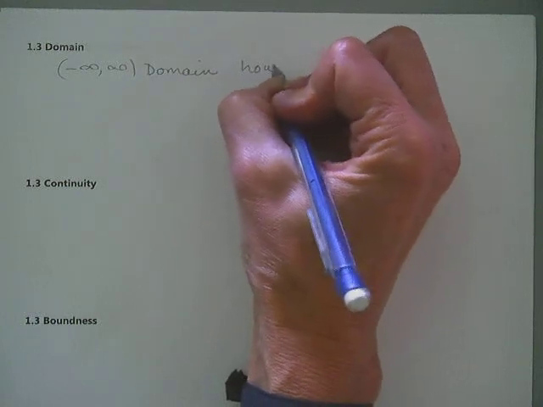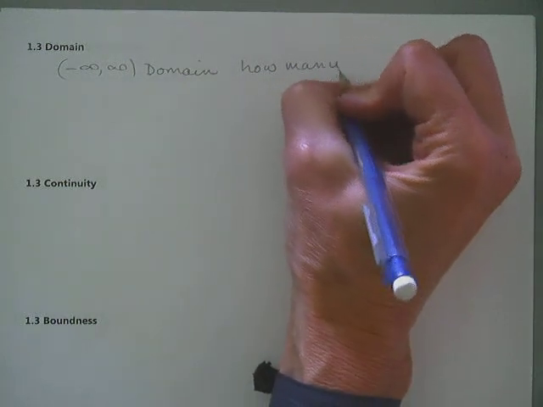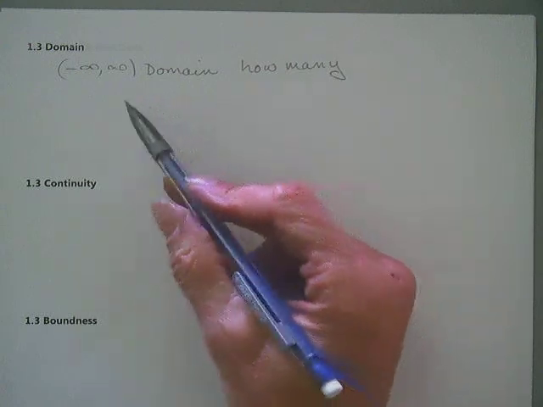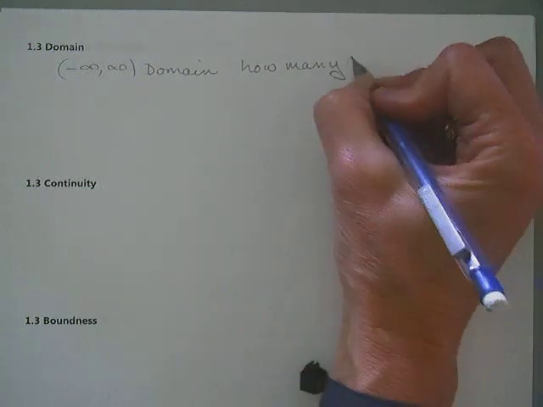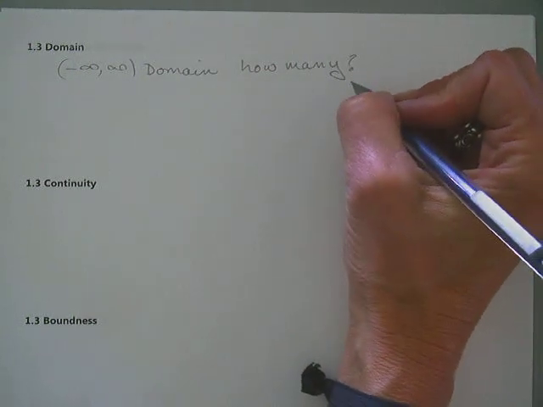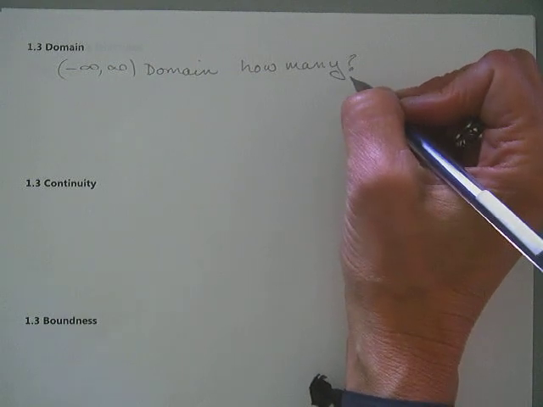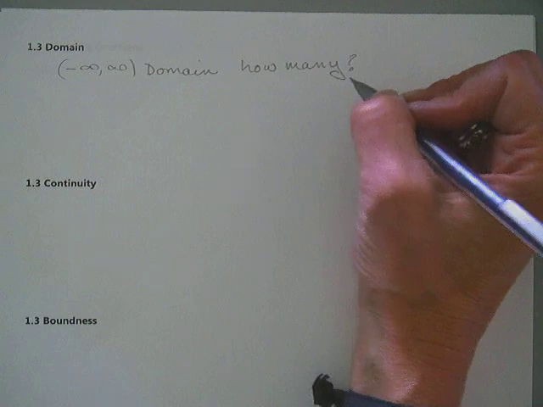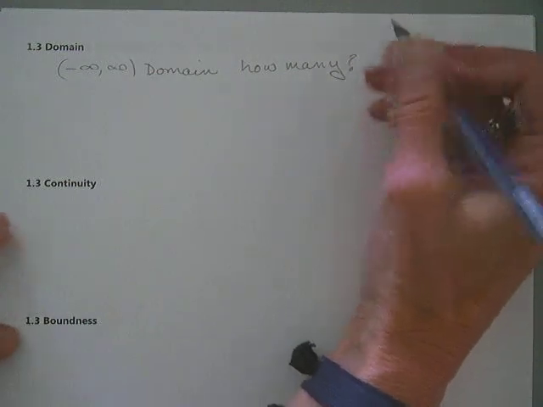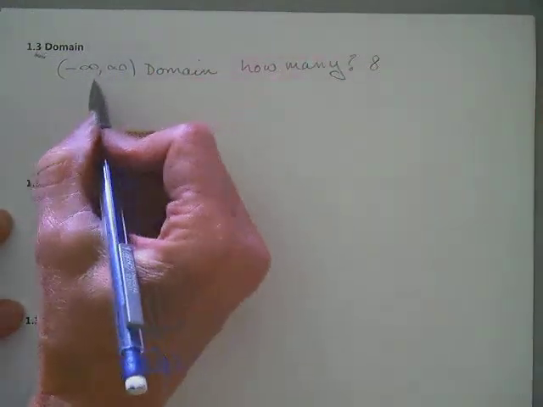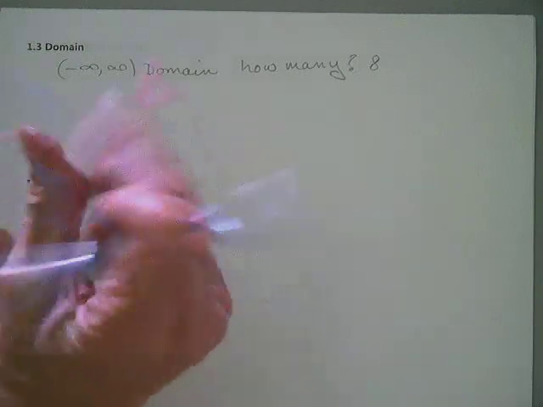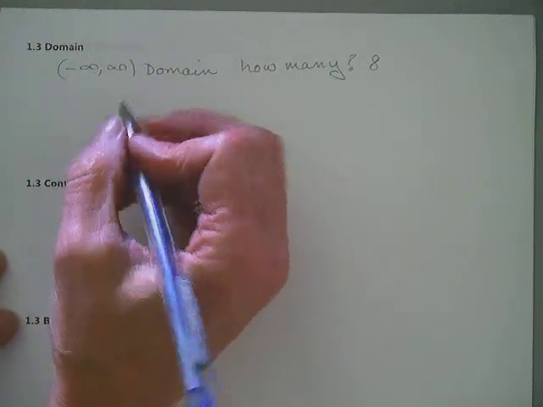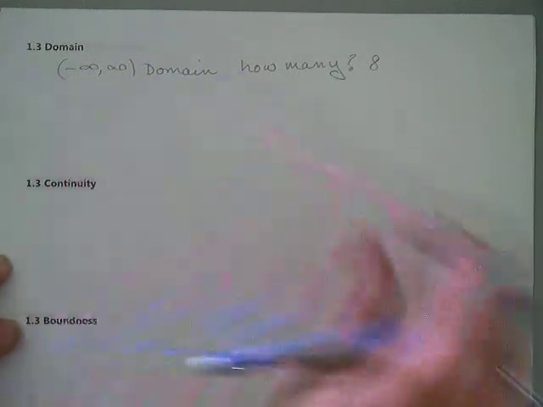How many have it from negative infinity to infinity? 3, 4, 5, 6, 7, 8. 8 of them do. So 8 have this sort of a domain where it's unrestricted. Okay? And that's what you're going to be asked to do.